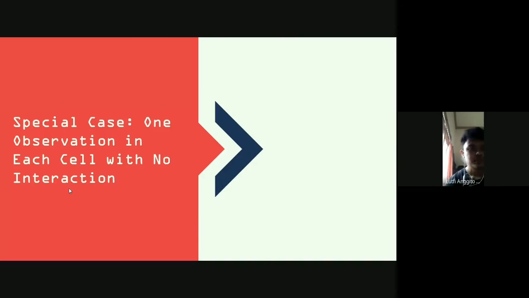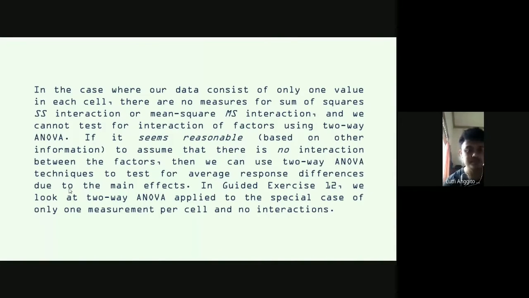So next is the special case: one observation in each cell with no interaction. In the case where our data consists of only one value in each cell, there are no measurements for sum of squares SS interaction or mean square MS interaction, and we cannot test for interaction of the two factors.